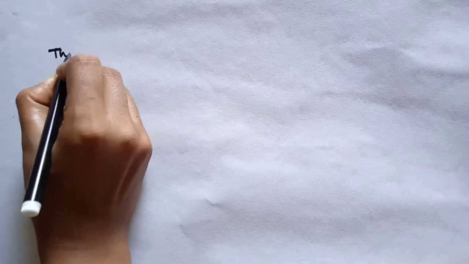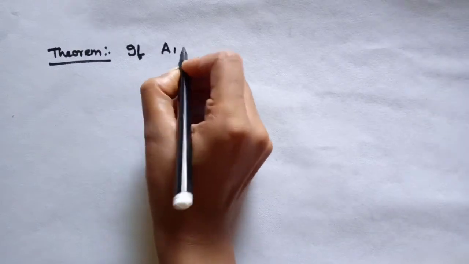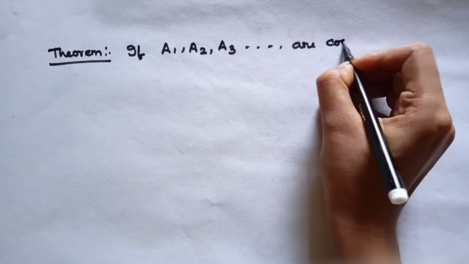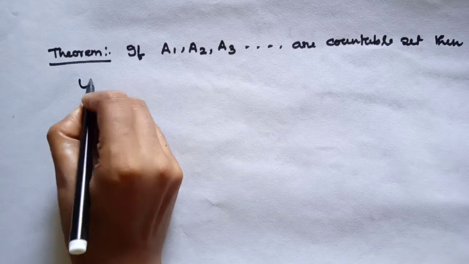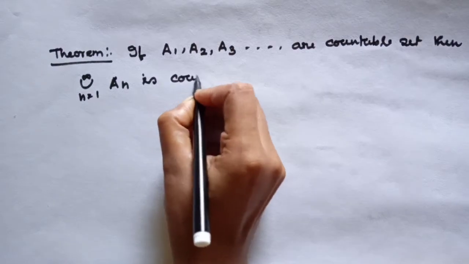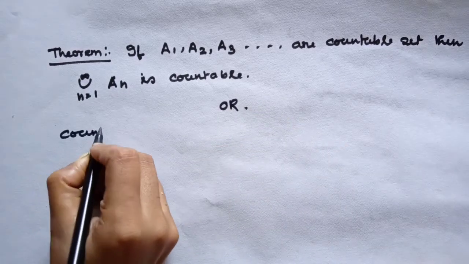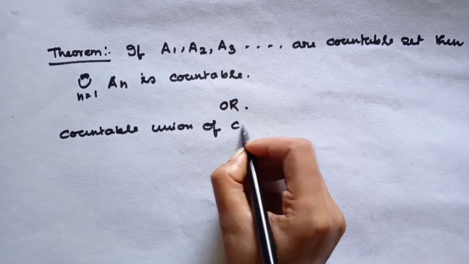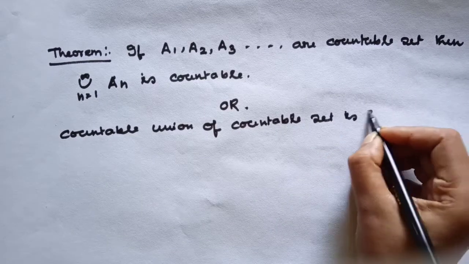First theorem. If A1, A2, A3, and so on are countable sets, then prove that the union over n equal to 1 to infinity of An is countable, or a countable union of countable sets is countable.